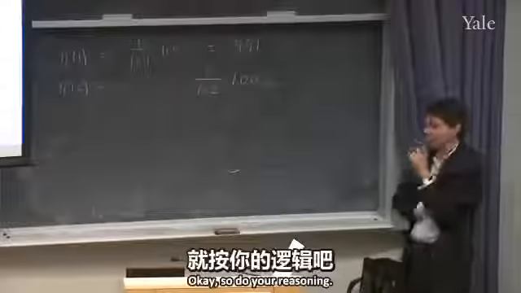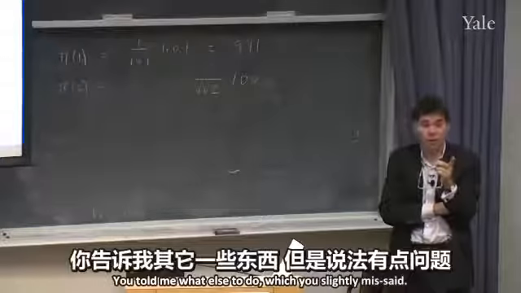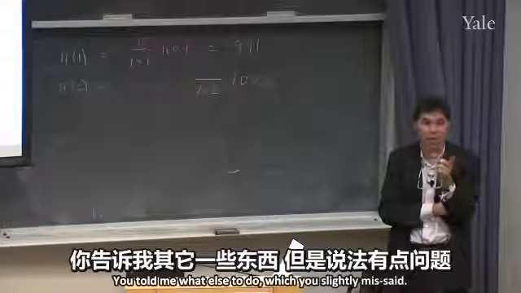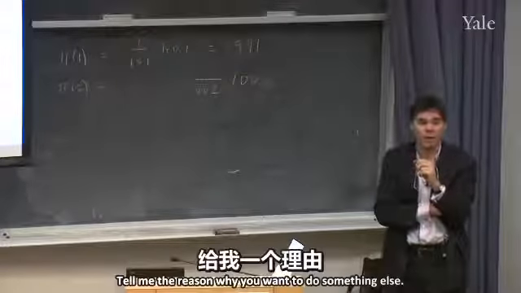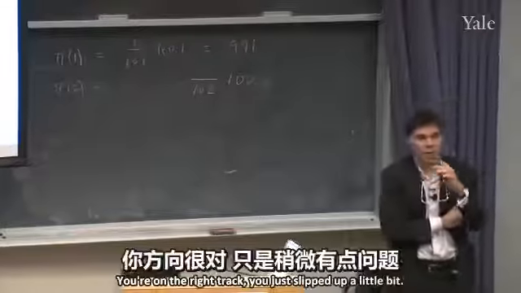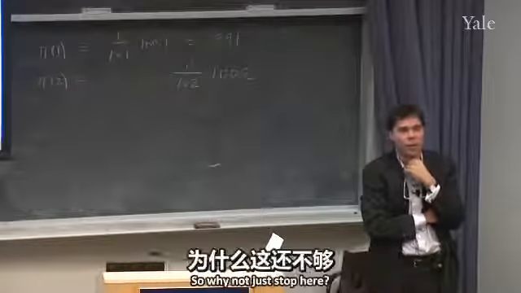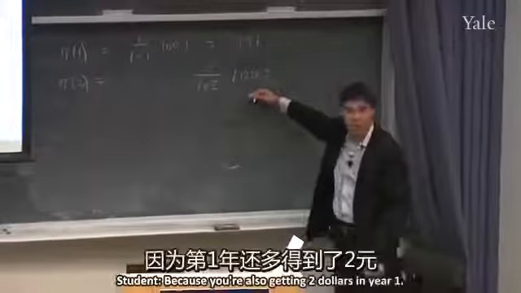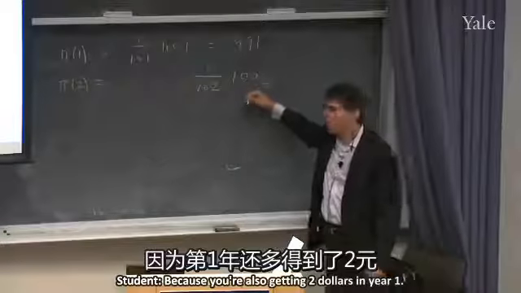Do your reasoning before you tell me what else to do, which you slightly misstated. Tell me the reason why you want to do something else. You're on the right track, you just slipped up a little bit. So why not just stop here? Because you're also getting $2 in period 1.